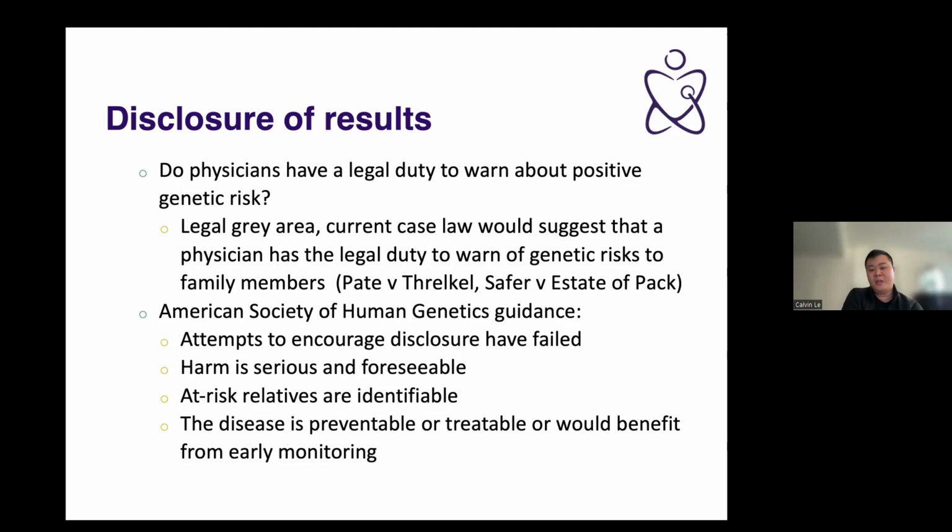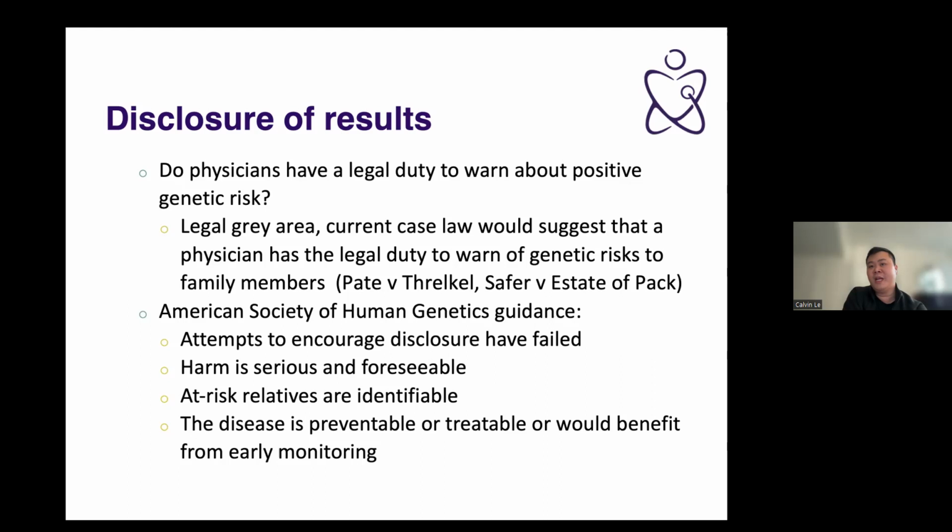However, there was some discourse with the second case, Safer versus Pack. In this case, a patient had a family history of familial adenomatous polyposis. The physician had treated the patient's father for this disease but did not inform the patient, and she developed aggressive colon cancer at a later age. In this case, the court noted that a physician does have a duty to warn family members about inherited genetic risk, but that warning the patient directly was not sufficient.